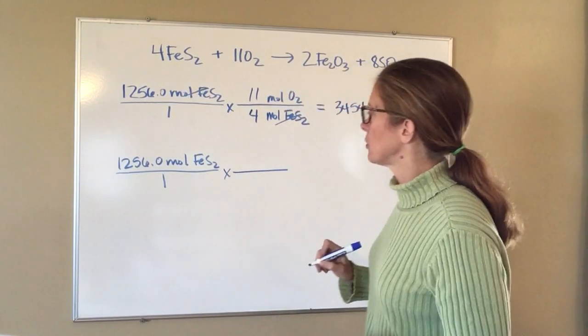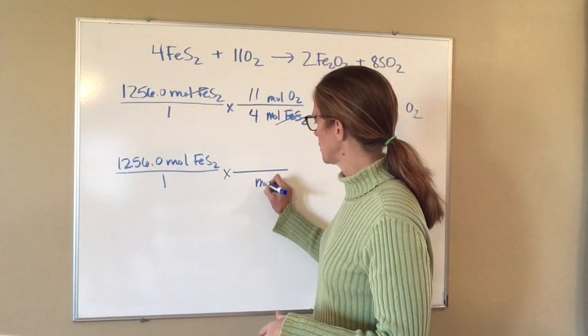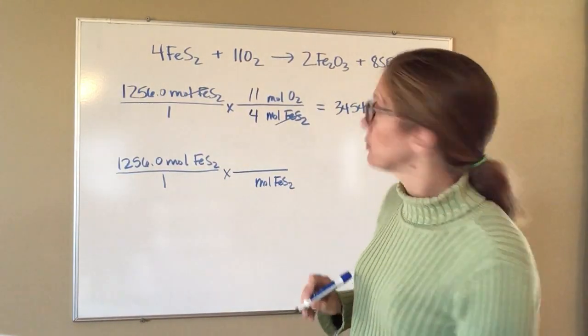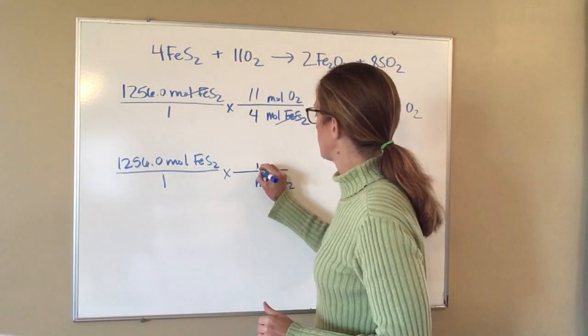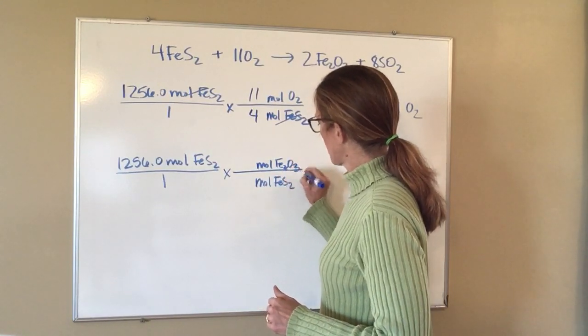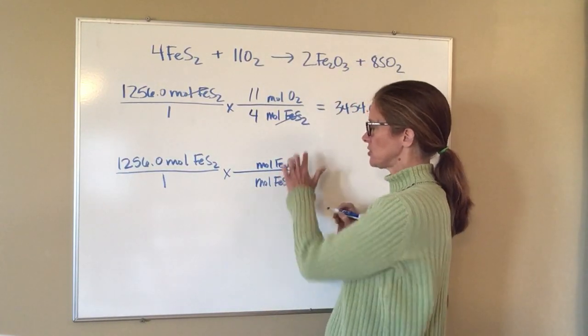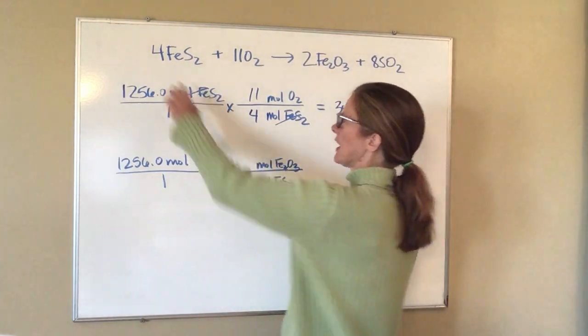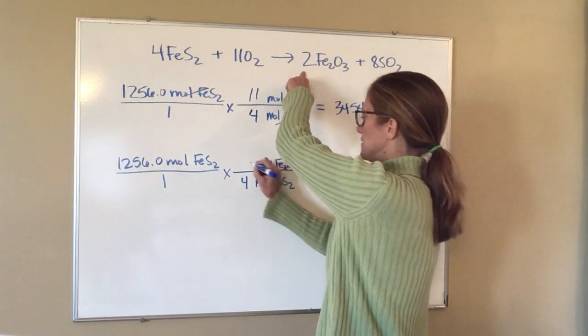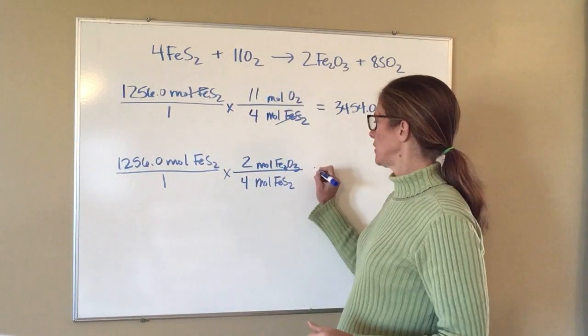From the balanced chemical equation, I need to convert moles of FeS2, and this time I'm looking for moles of Fe2O3. Since I'm looking for a ratio here, the FeS2 has a 4, and the Fe2O3 has a 2 in front of it.